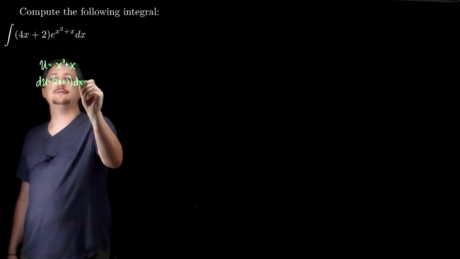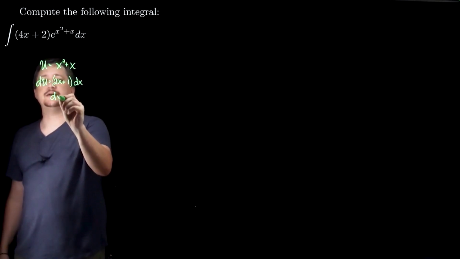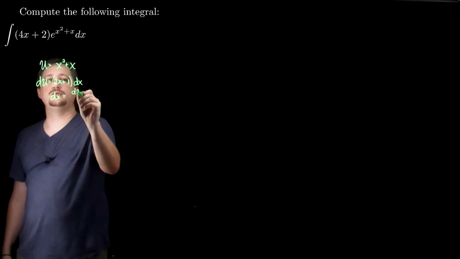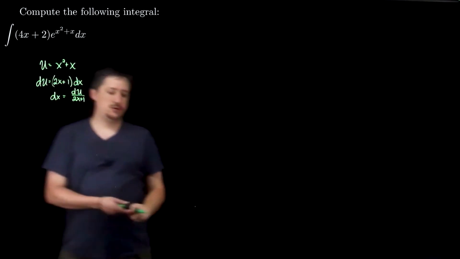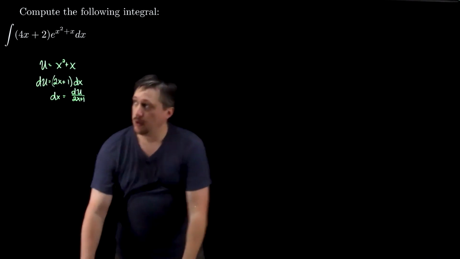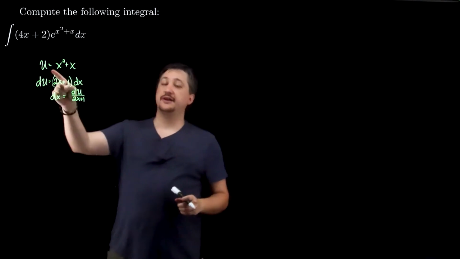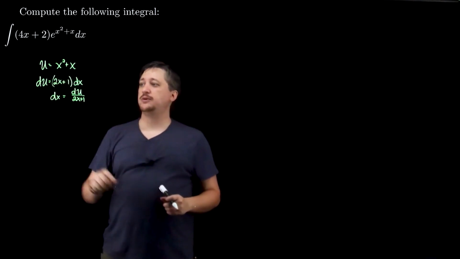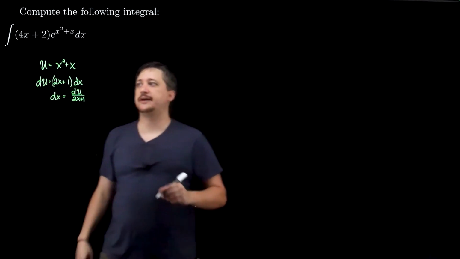And solve for dx, so that's going to get me dx is du over 2x plus 1. Okay. So now I'm going to substitute out the thing that I initially noticed for the u and the dx, and then see what I have to do from there.